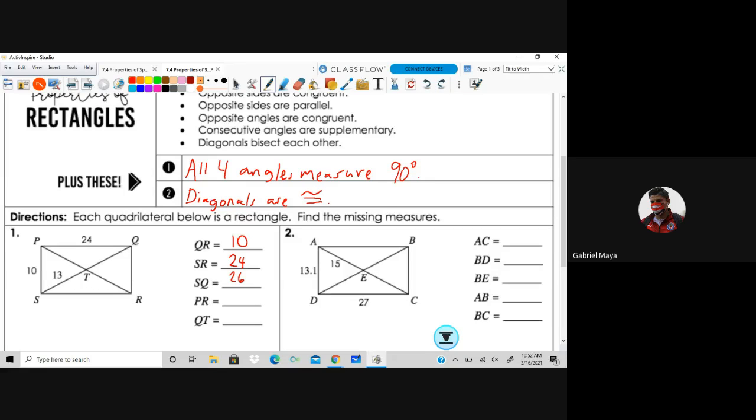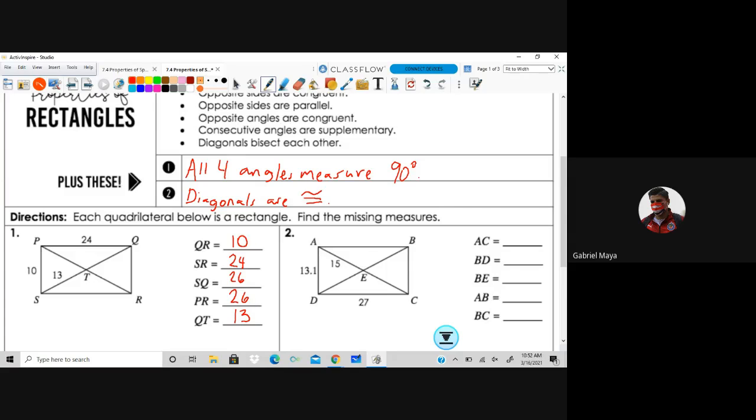Yes, Christopher put 26. Very smart, you kept this in mind. Diagonals are congruent, so if SQ is 26, PR is also 26. What about QT? As we were doing SQ, we determined that it's also 13.